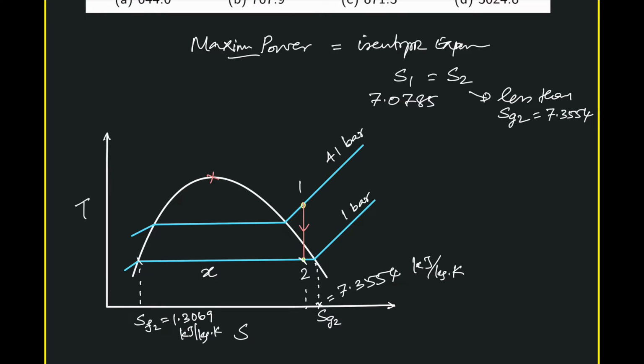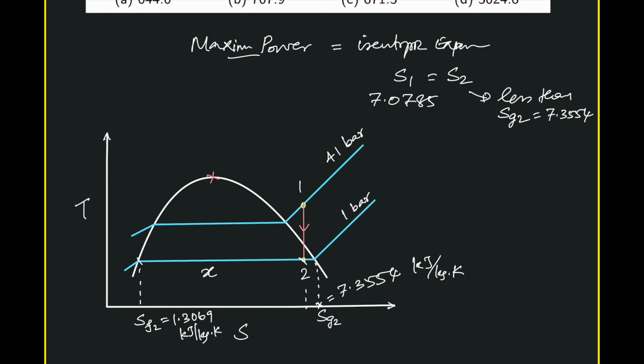Since the value of S2, which is nothing but S1, lies between SF and SG, being less than SG, definitely condition 2 is a mixture of vapor and liquid.